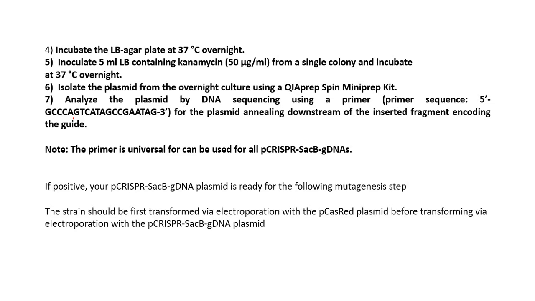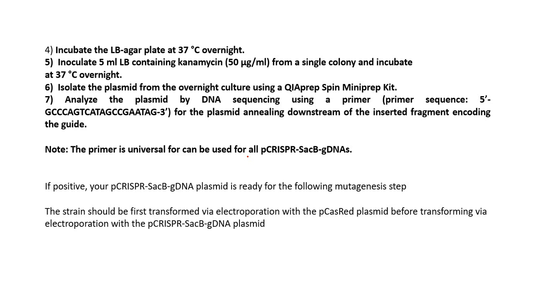This is a very universal primer for this plasmid. I have written here also that the primer is universal and can be used for all CRISPR-SEC gDNAs. You can simply order it. And if you find your sequences there, you are ready to go with the mutagenesis steps.